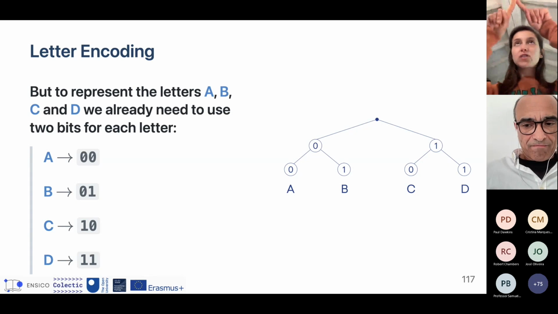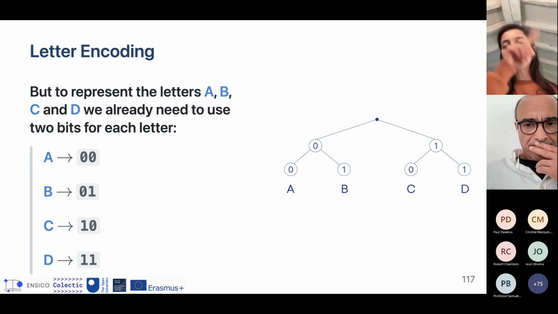We start at the top and follow the path of zeros and ones until we reach the letters. Now we are representing 4 letters by using 2 bits for each letter. But the alphabet has 26 letters, so we're still a bit off. What should we do next to get more codes for more letters?